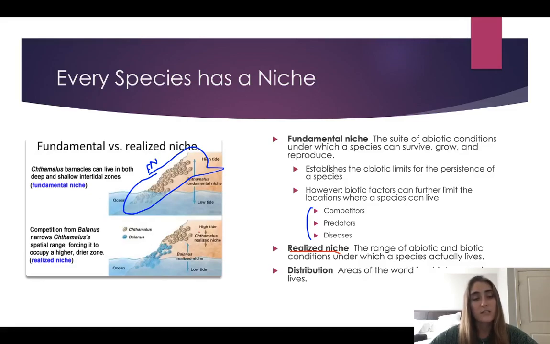As a result, these tan barnacles' realized niche ends up being way up here at the high tide area. So the realized niche is where the species actually ends up living once you take into consideration both abiotic and biotic conditions. And this is the realized niche of these barnacles here.